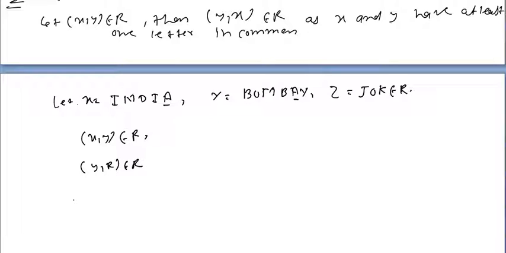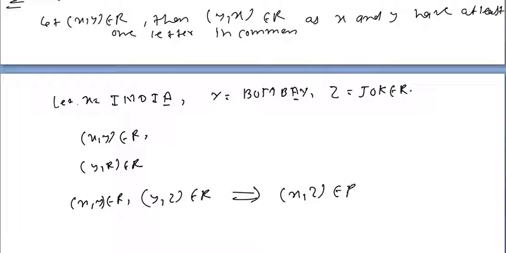But if (X, Y) belongs to the relation and (Y, Z) belongs to the relation, does this imply (X, Z) belongs to the relation? Just check. (X, Y) belongs to the relation, that is, X and Y have a common letter A. (Y, Z) belongs to the relation, Y and Z have a common letter O. But does (X, Z) belong to the relation? No, it has no common letters.